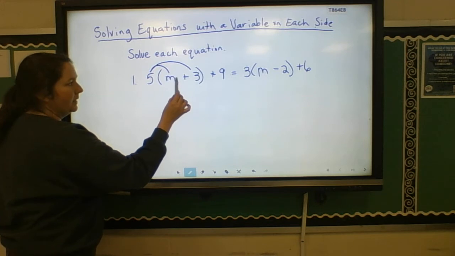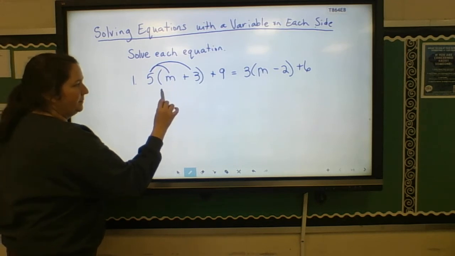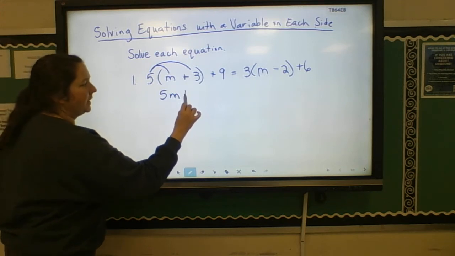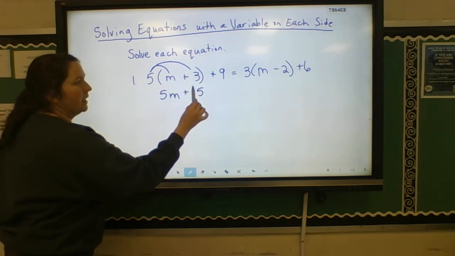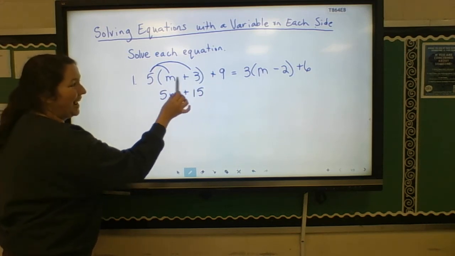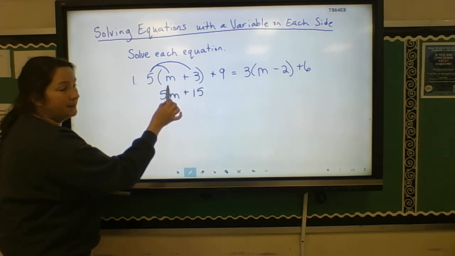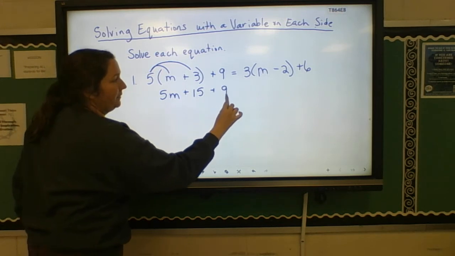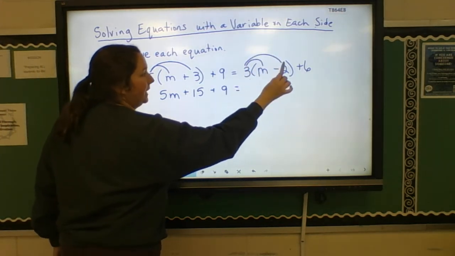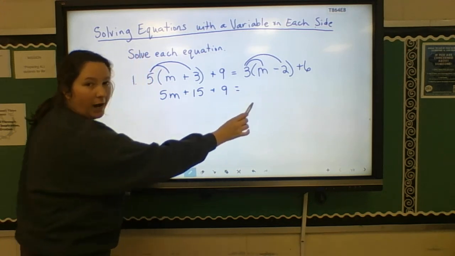property. So that's 5 times m is 5m, and then 5 times 3 is 15. But you cannot do the 5 times the 9 because the 9 is not inside the parentheses. So we're just going to bring down the 9, and then we're going to do 3 times m and 3 times 2, but that's subtract 2.